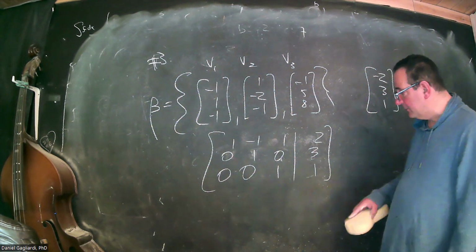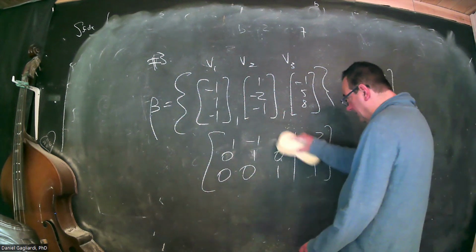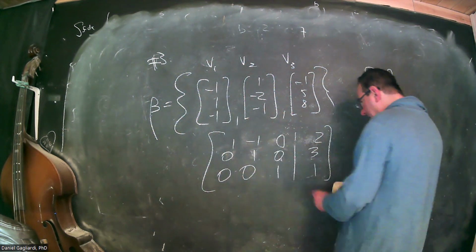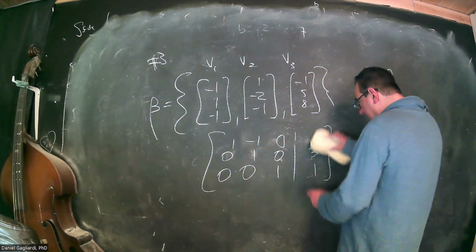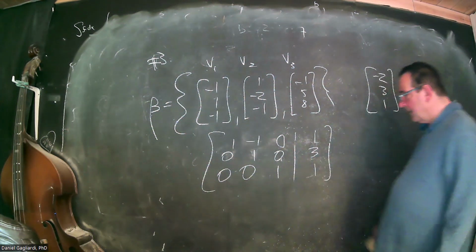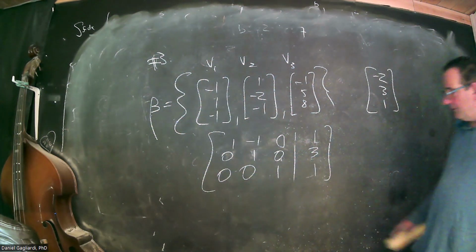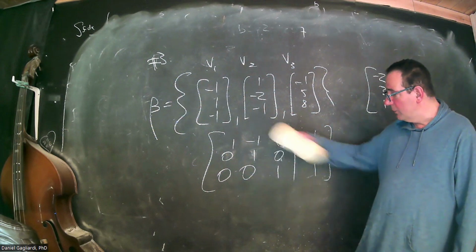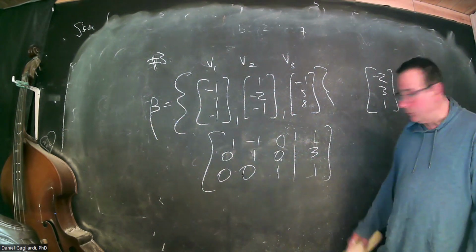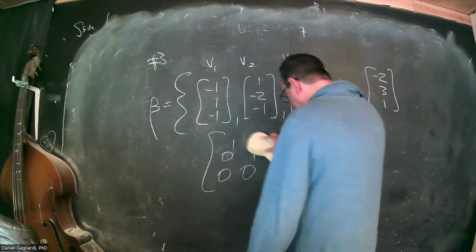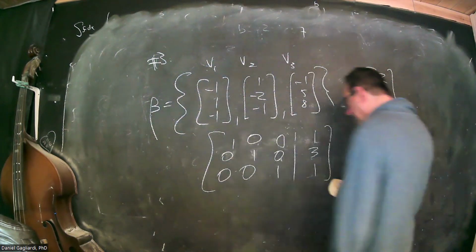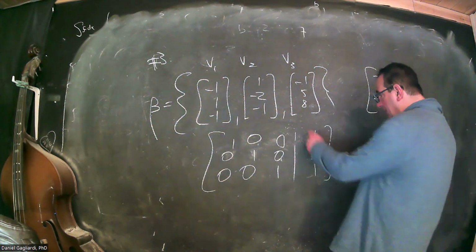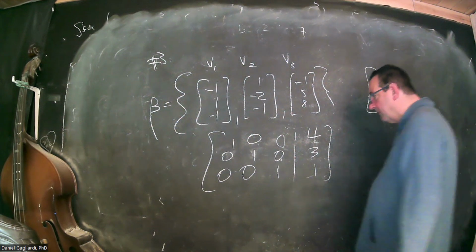So row 1 minus row 3 gives me a 0 here, and then 2 minus 1 gives me a 1. And then finally, if I add row 2 to row 1, I can get rid of that -1 there. And then I have to be mindful of the right-hand side. So row 2 added to row 1 gives me a 4.